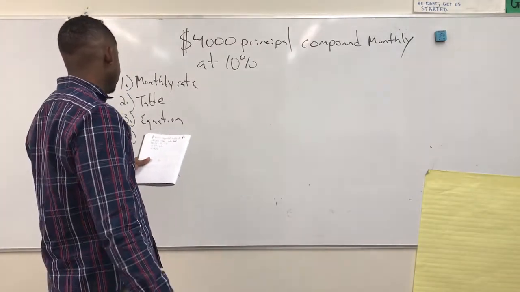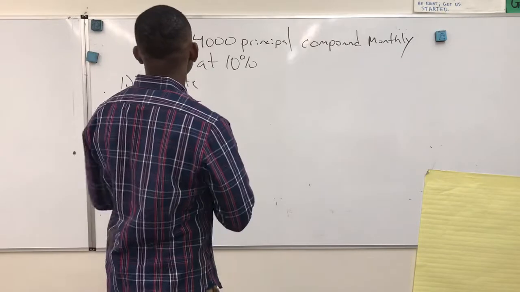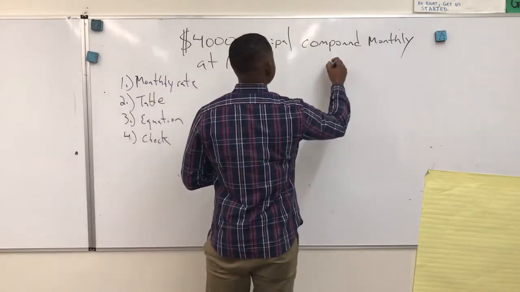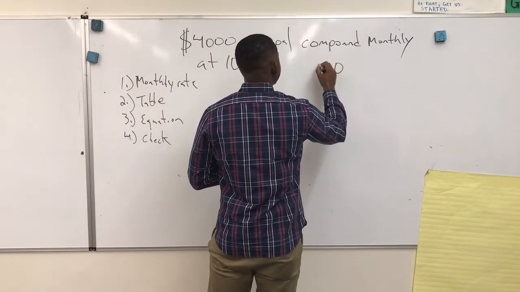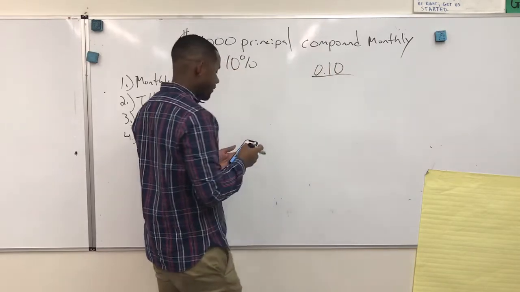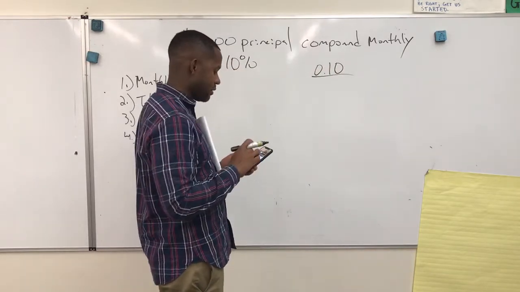Cool? You did that? Alright? So I'm going to do it too. My monthly rate. I'm going to take this 10%, which is 0.10, but it's monthly, so that means it's 12 times in a year.